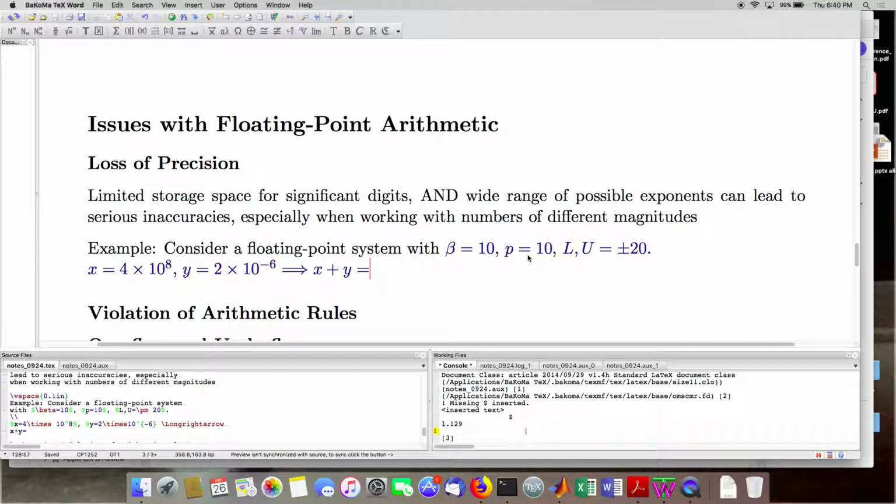So we have 400 million for x plus 2 times 10 to the minus 6 for y. So we're going to have 400,000,000.000002.